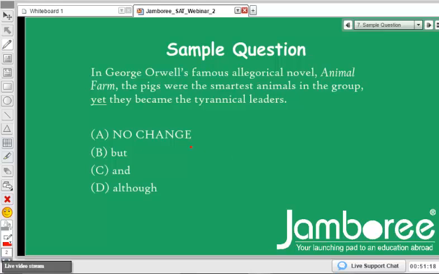In the SAT, you will find a lot of difficult words, difficult names, like in George Orwell's famous allegorical novel. So reading that itself is a little tough. One simple thing: whenever you come across something that starts with a capital letter, that means it's a name of something.